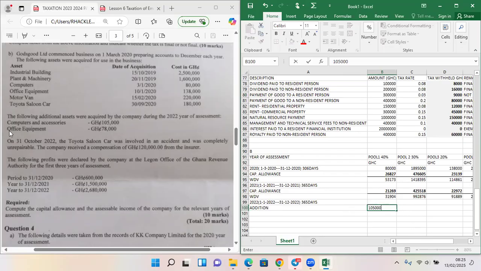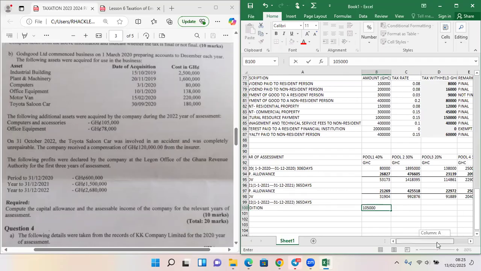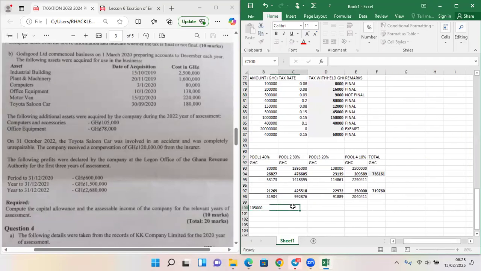Then the purchase of office equipment, which is pool 3, we give you a dash. Then pool 1, 78,000 into 0.